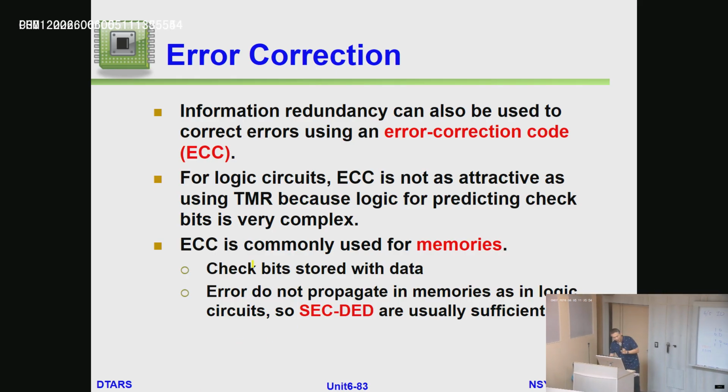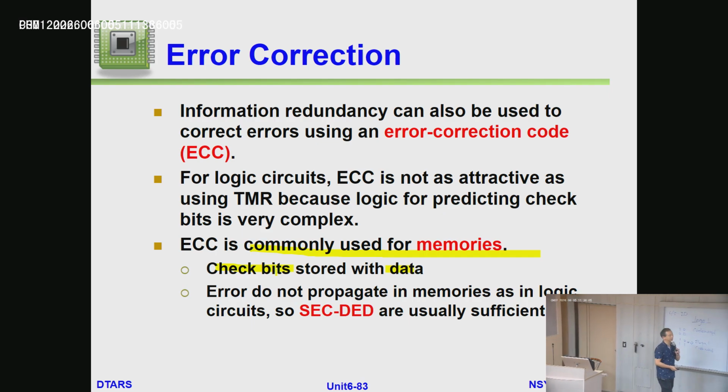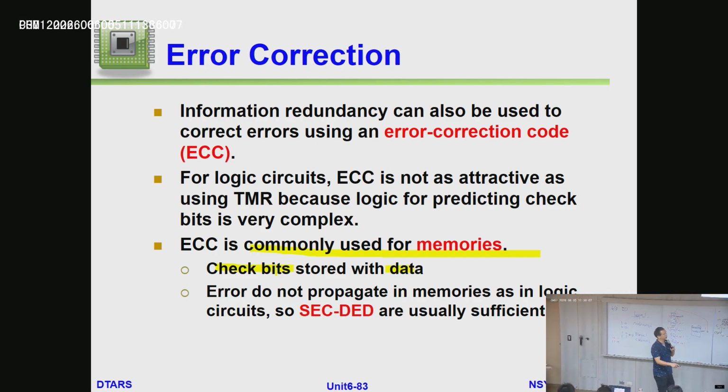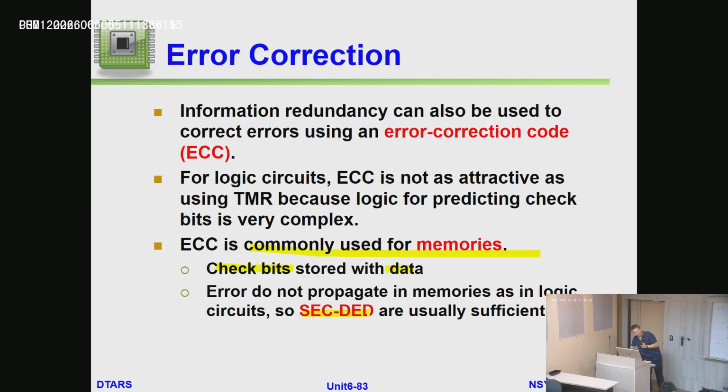It is commonly used for memories. So in addition to the memory data, we will also generate check bits and store them in the memories. Later you will see that for this ECC, there is one representative ECC method called SECDED.